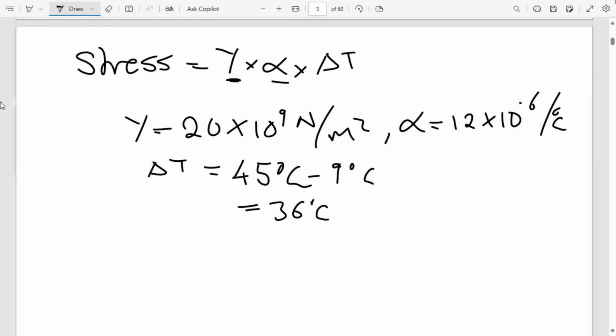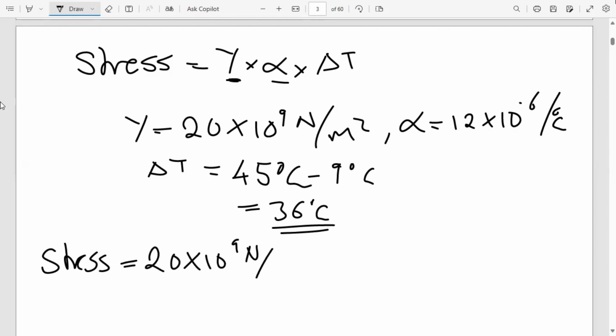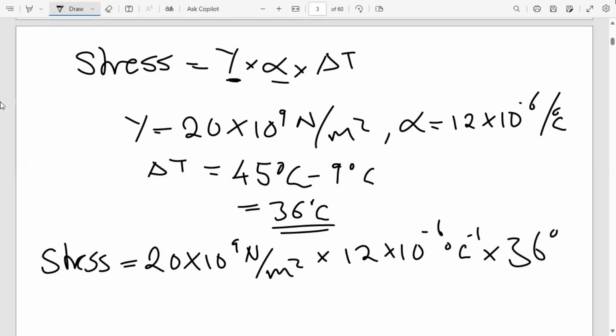And I'm going to plug this into my equation here. Compressive stress will be equal to 20 times 10 to the power 9 newtons per square meter multiplied by 12 times 10 to the power minus 6 per degree Celsius multiplied by 36 degrees Celsius.